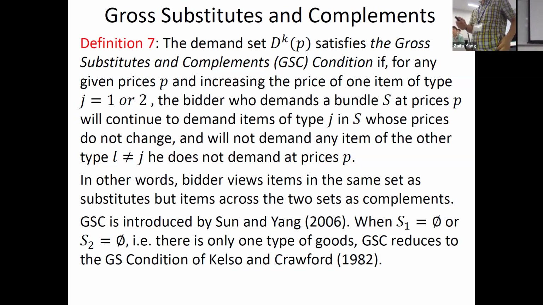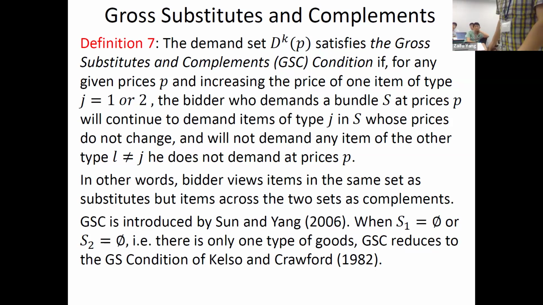The demand correspondence satisfies the gross substitutes and complements condition if, for any given prices P, we increase the price of one item, which could be a table or a chair. Then the bidder who demands the bundle S at those prices will continue to demand items of type J whose prices do not change.